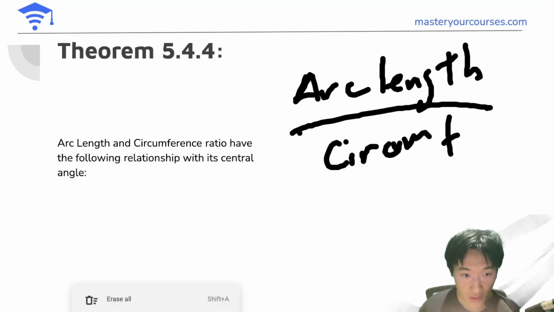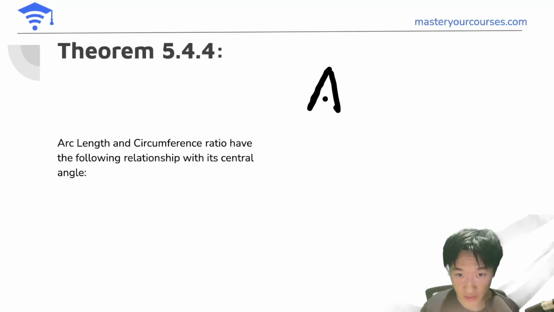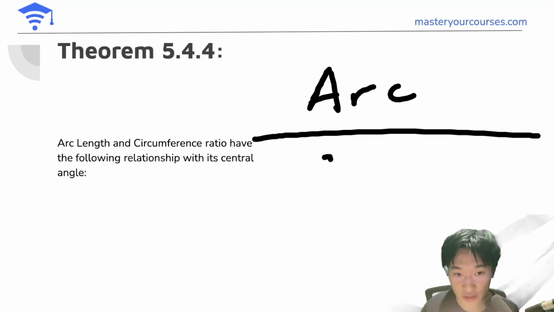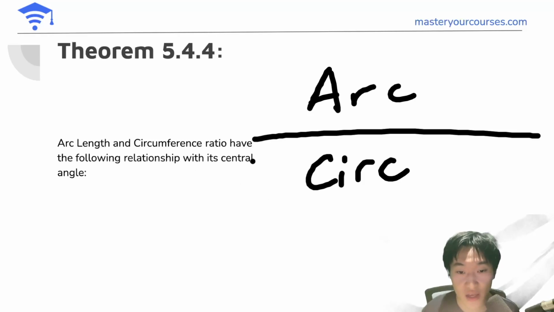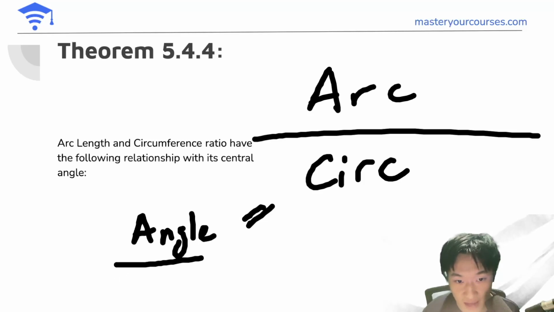So I'm going to say arc length written by arc and divided by the circumference, which I'll denote as circ, is actually an equal ratio with regards to its central angle. So the angle that is at hand divided by 360 degrees.